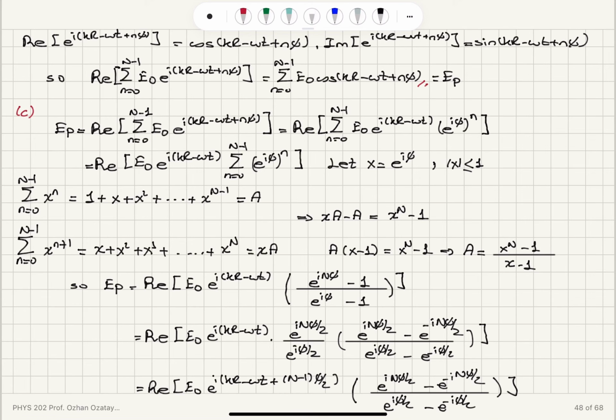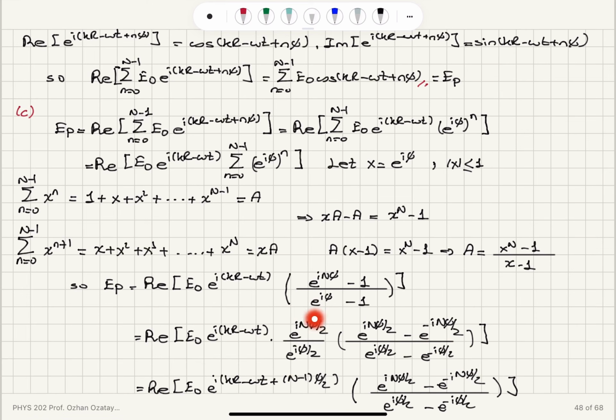And by using this geometric series for n equals 0 to capital N minus 1 of x to the n, I can substitute for this summation x to the capital N minus 1 over x minus 1, which is e to the i N phi minus 1 over e to the i phi minus 1. e to the i N phi is e to the i N phi over 2 multiplied with e to the i N phi over 2. 1 is e to the i N phi over 2 multiplied with e to the minus i N phi over 2. And the same trick applies to the bottom.